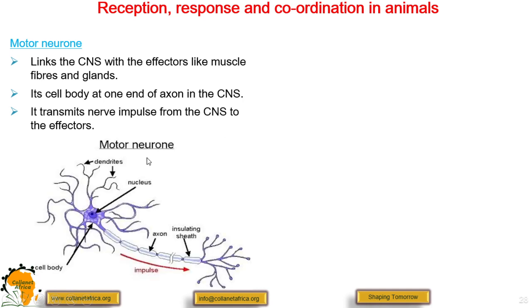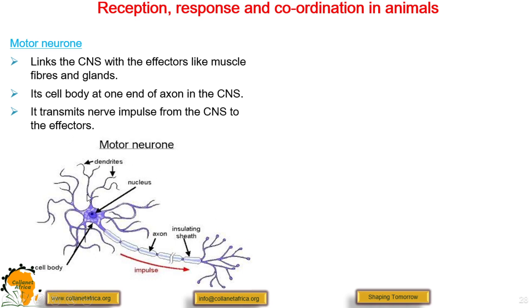This information has been received by the receptors, which contain the sensory neuron, and then that information from the sensory neuron is taken to the central nervous system. From there, the motor neuron collects the information to the effector organs.